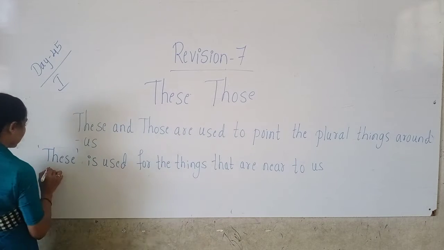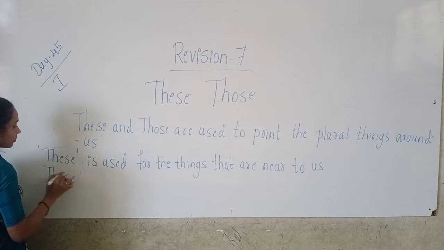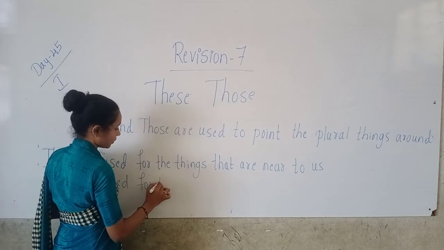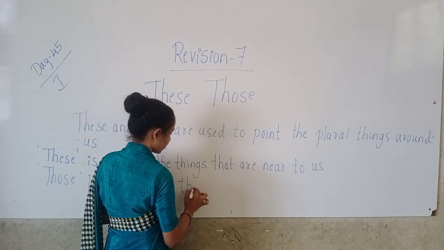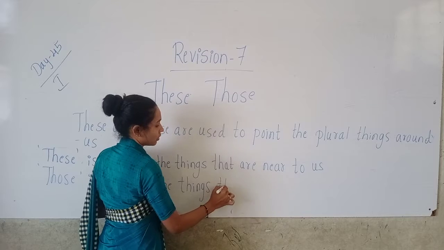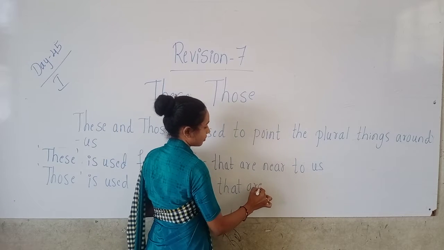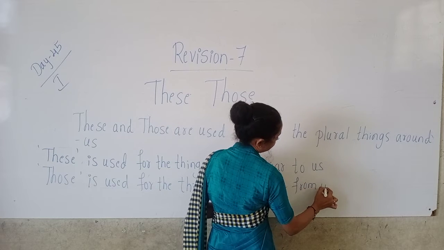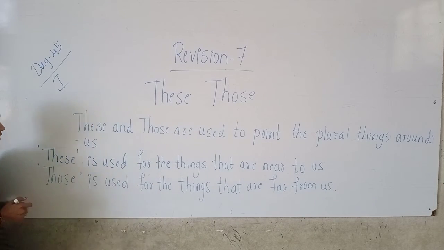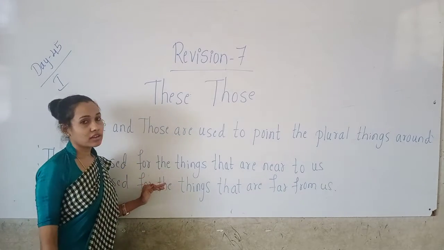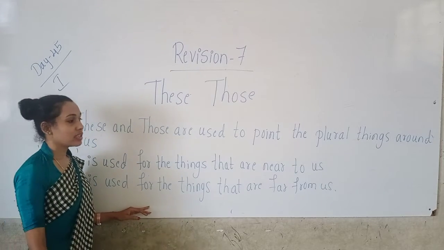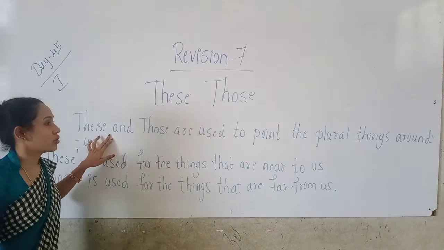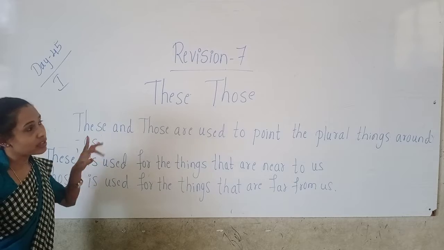And those is used for the things that are far from us. Okay, children? So, these and those are used to point out the plural things around us.